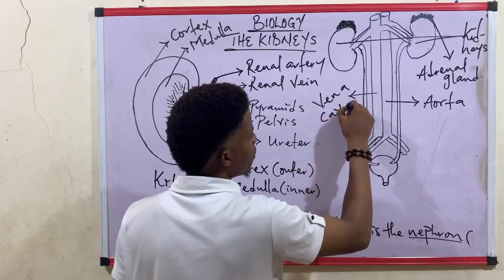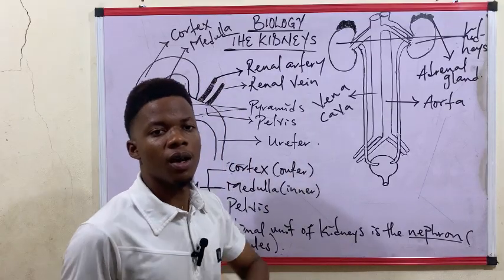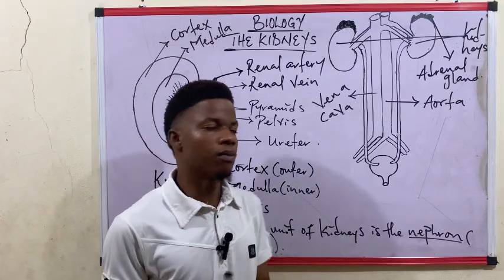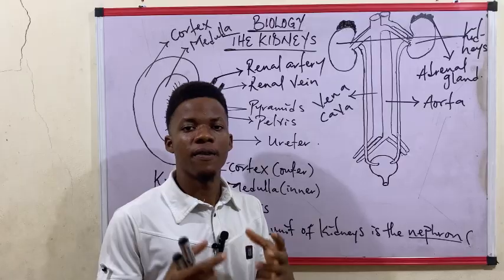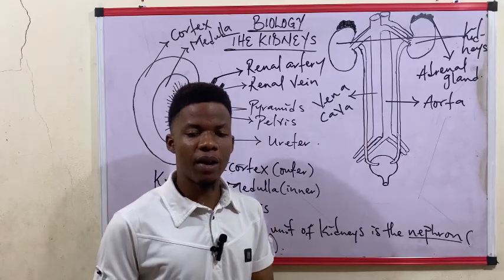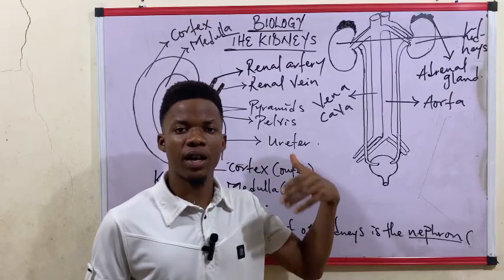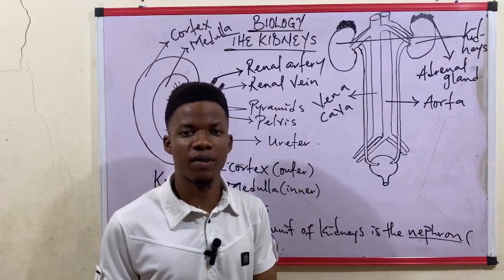The vena cava is a vein, but specifically the large veins, bigger than a normal vein. We have two main vena cava: the superior vena cava and the posterior vena cava.